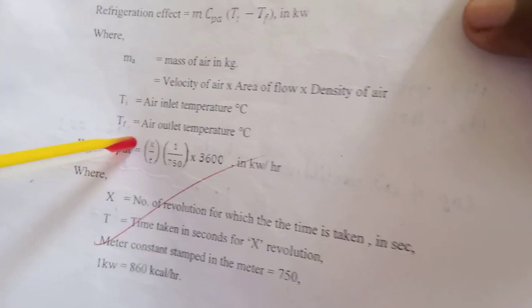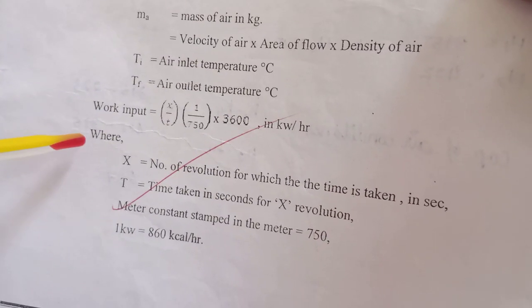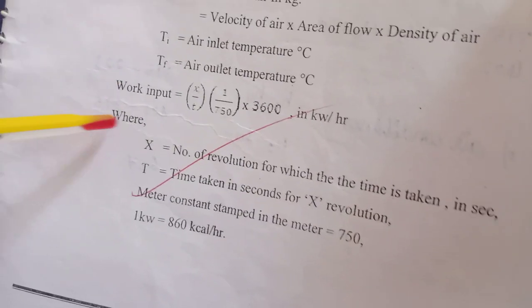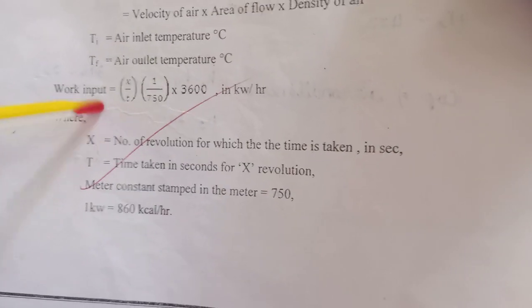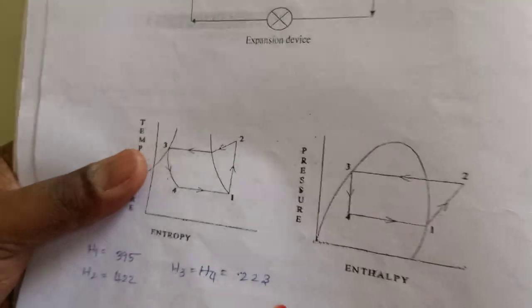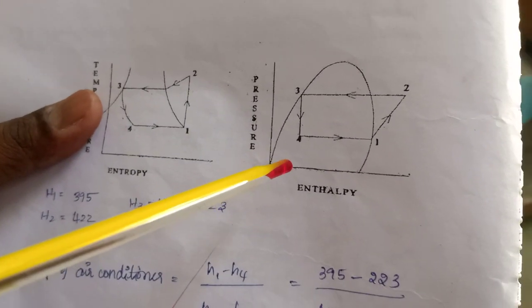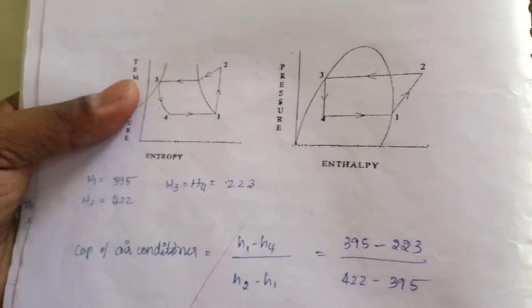Because in air conditioning we are conditioning the air, the air is taken to the evaporator, flows over the evaporator and the temperature decreases. The work output we have already seen: X by T into 1 by 17 into 3600. With this we can calculate. In the p-h chart we can find the theoretical values of enthalpies, and then we can find the theoretical COP.